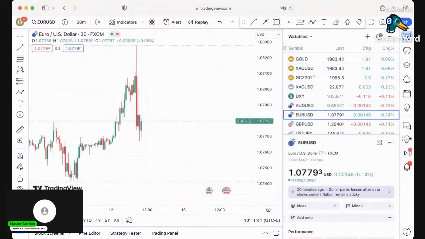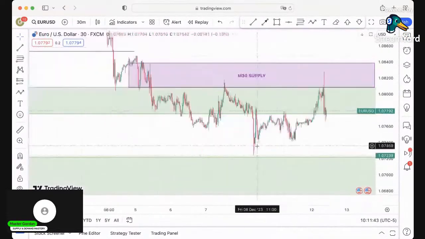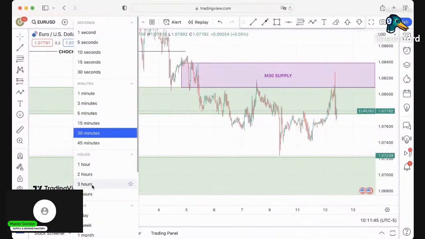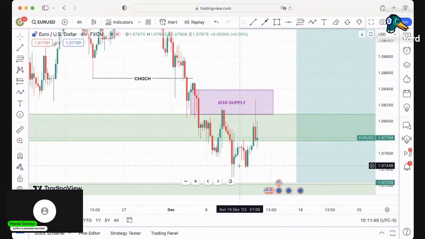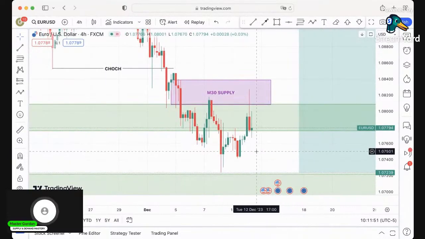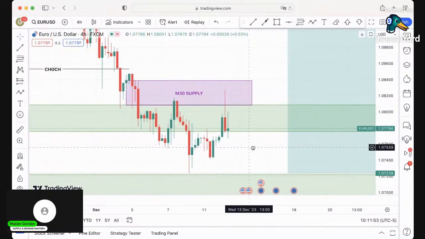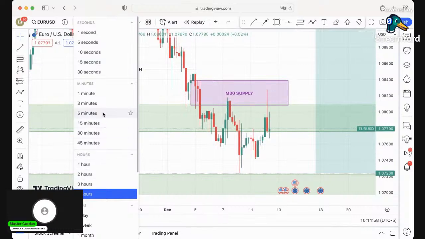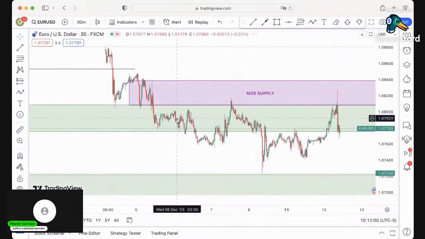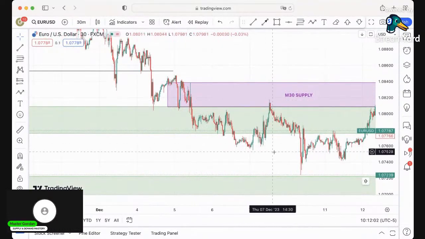EU. Can you see the EU? It reacted from this M30 supply. This is the M30 supply.